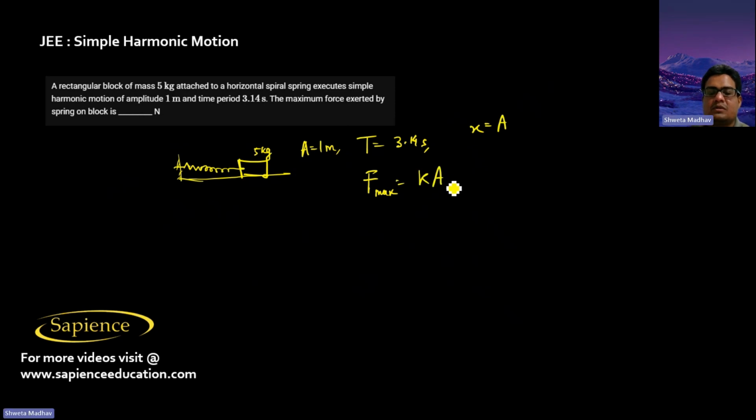So the maximum force is equal to K times the amplitude. As you know, K is equal to M omega square, or T is equal to 2 pi root over M by K.